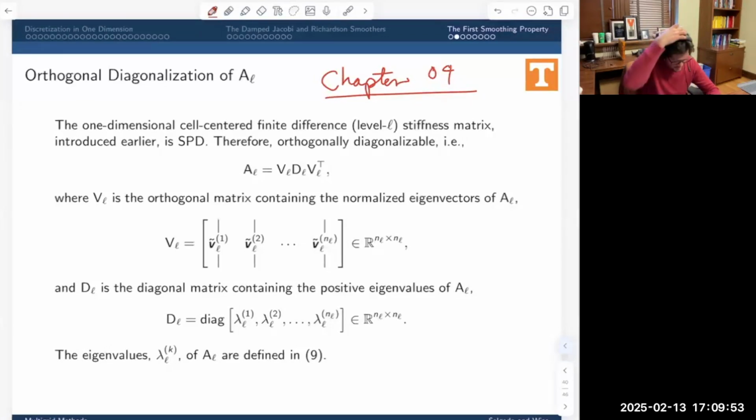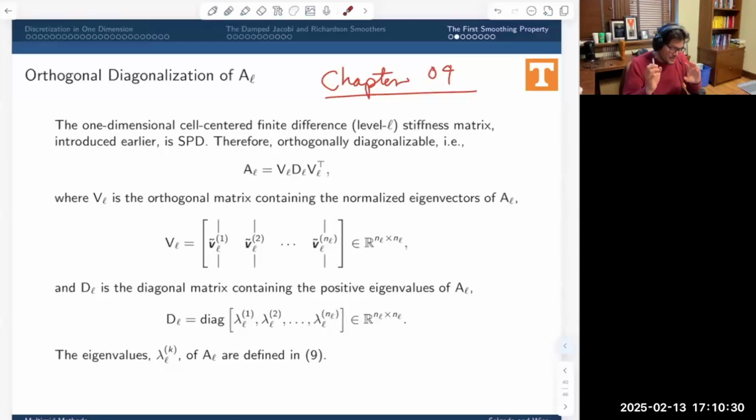The one-dimensional cell-centered finite difference stiffness matrix is, of course, SPD. We can therefore orthogonally diagonalize it, or we can say AL is orthogonally diagonalizable. We can write AL as VL DL VL transpose, where VL is an orthogonal matrix, each of whose columns is orthonormal, so the columns form an orthonormal basis.